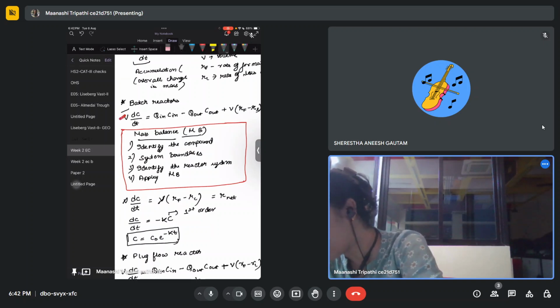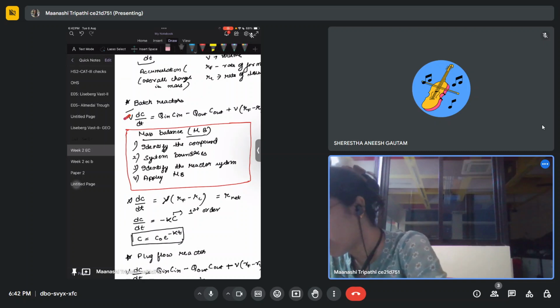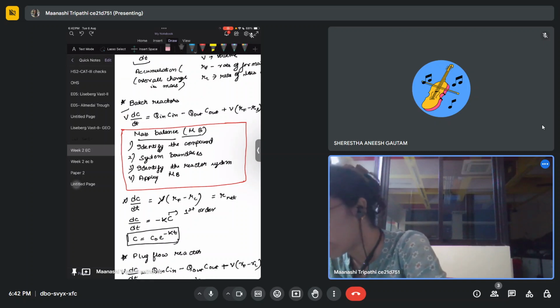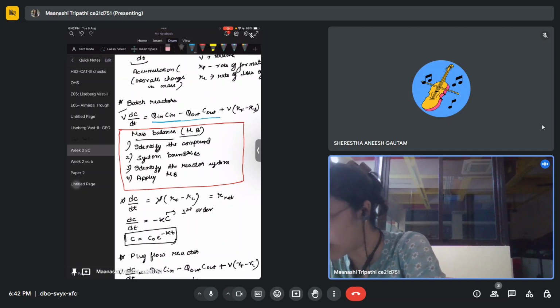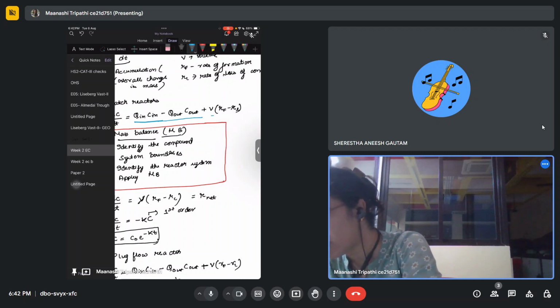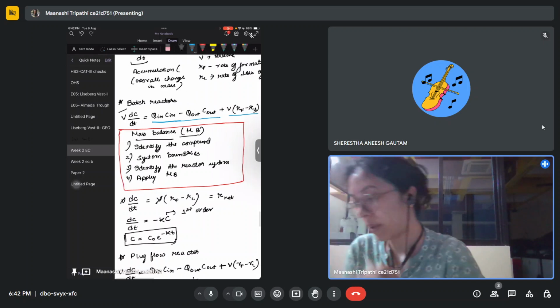V dC by dt is equal to Q in C in minus Q out C out plus V RF minus RL. Okay, so this was the basic equation.